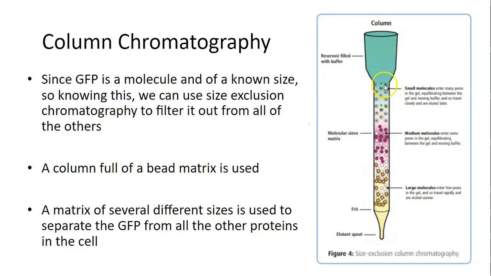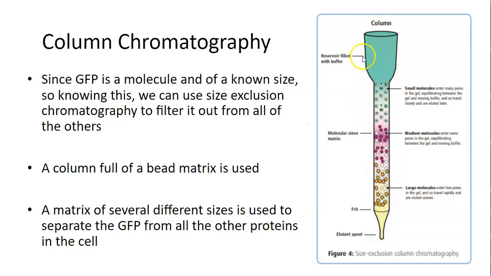So small molecules end up getting stuck in these wiffle ball-like beads longer than the medium or larger size. The medium molecules kind of get stuck sometimes, and other times they don't. So they end up kind of moving through at a medium pace. And the big fat molecules can't fit through those wiffle ball-like holes. So they just move right on past those beads, and then they can travel rapidly.